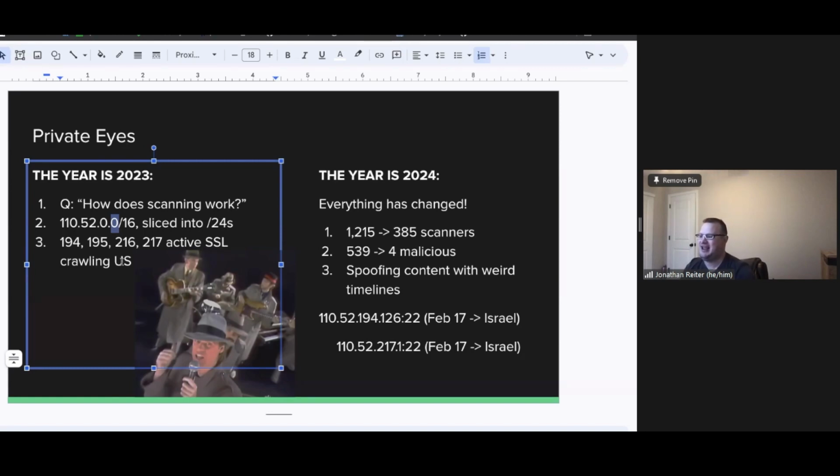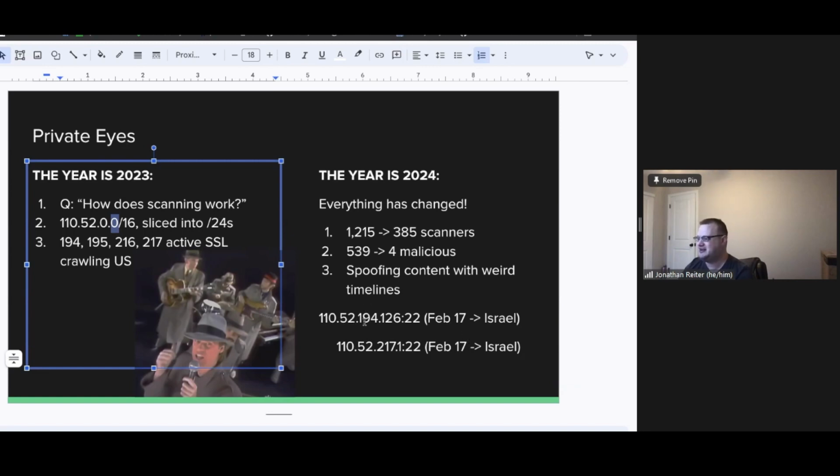This is especially the case with spoofed IPs that seem to occur with exceptionally distinct timelines. In this case, I have 2 different IPs, very different parts of the IP space based on my hypothesis, but they're doing extraordinarily similar activities.